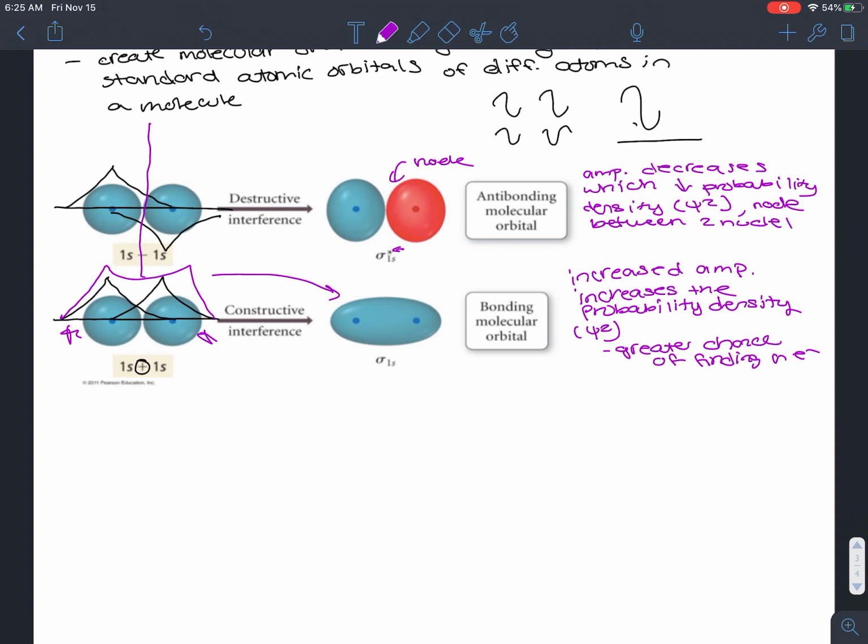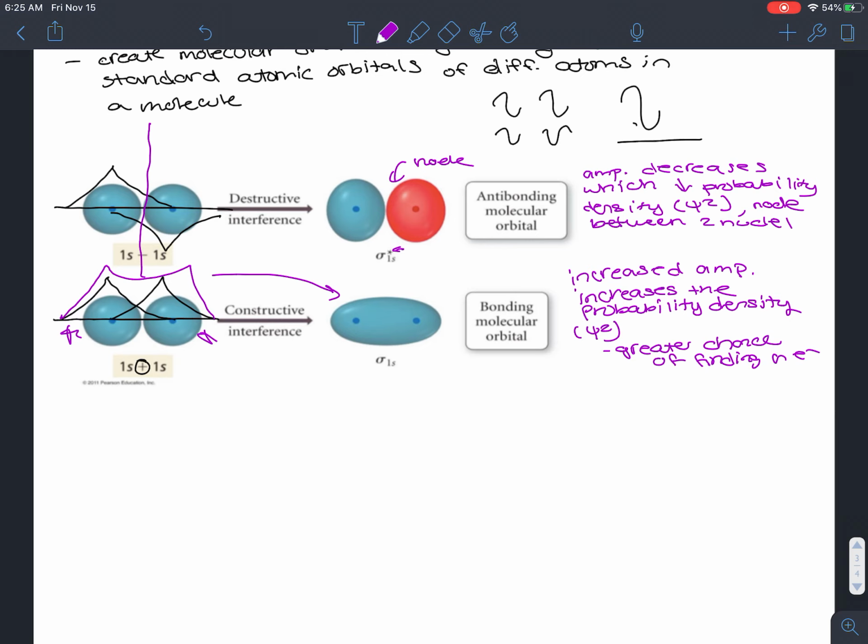This is your node. And we have a less likely chance of finding the electron. So this will then be higher in energy because it is less stable.